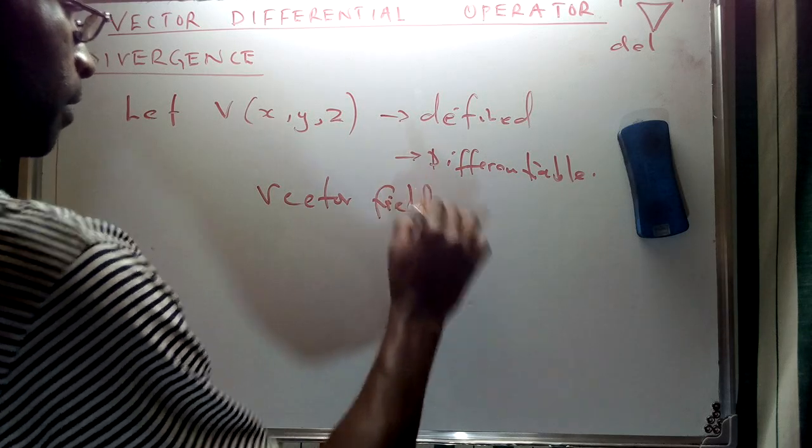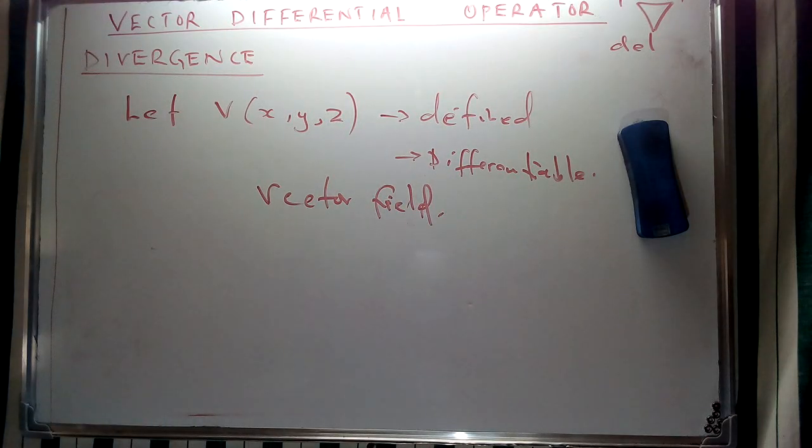This is the one we're going to consider whenever we define this second application of del, which is referred to as divergence.